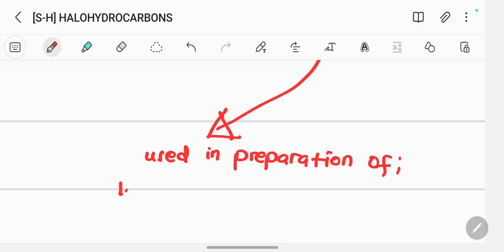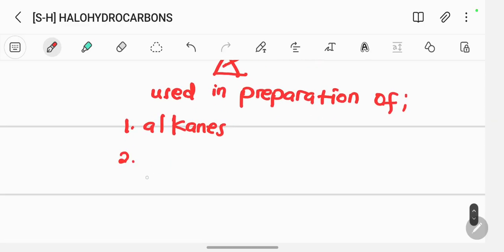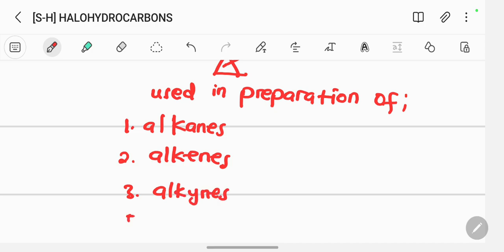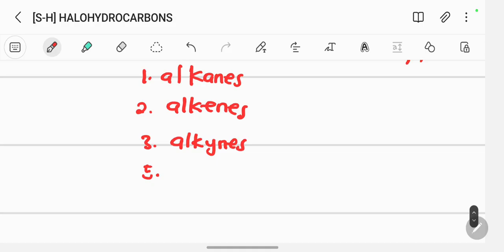1. Preparation of alkanes. 2. Preparation of alkenes. 3. Preparation of alkynes. 5. Preparation of alcohols. And 6. Carbonyl compounds.